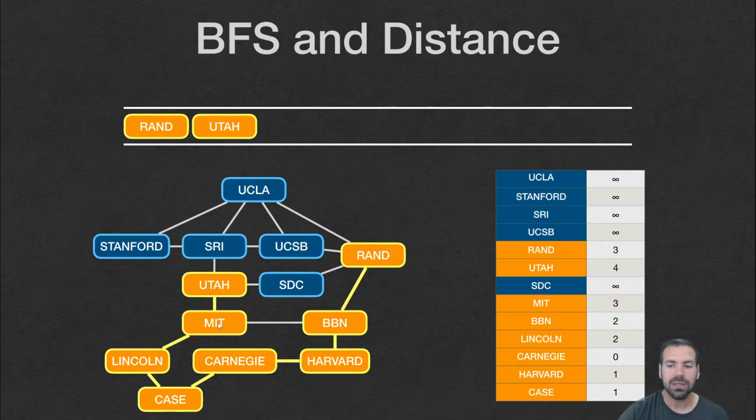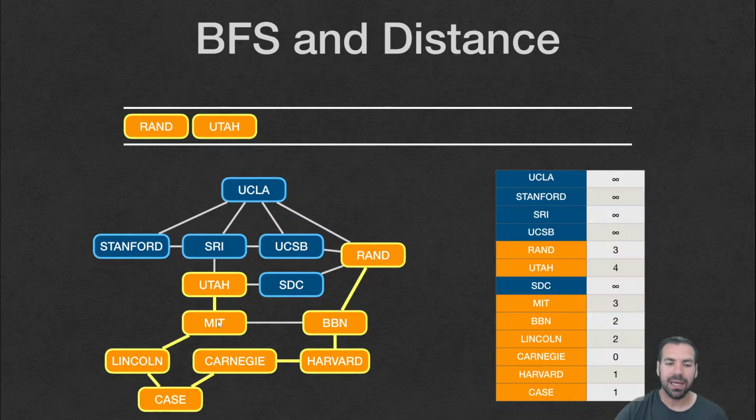We didn't remember anything about the path, but we know that we can get from Carnegie to MIT in 3 edges. And we just found a node that we haven't yet explored by an edge from MIT. Then we know that we can get from Carnegie to Utah in 4 edges.